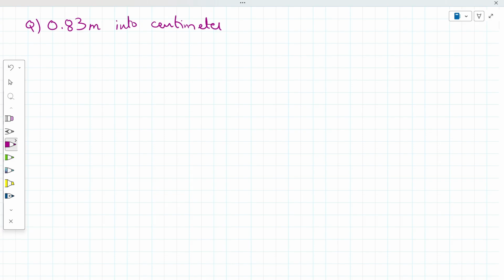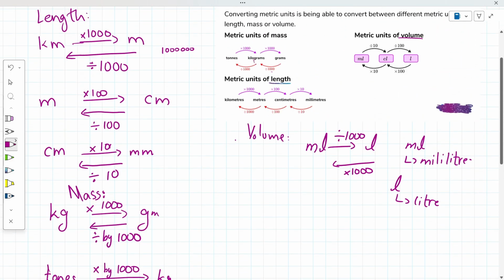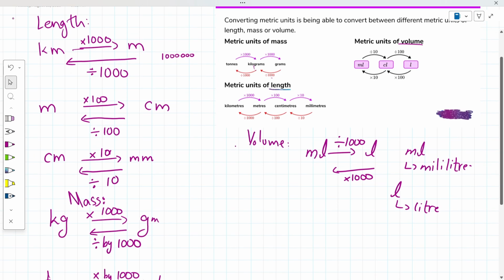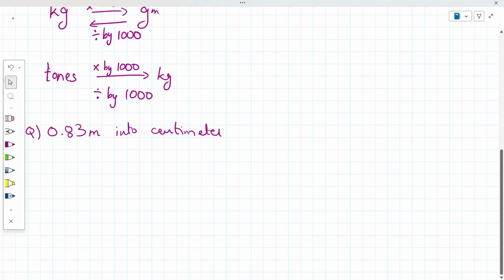This is the greater unit, and we have to go from a greater unit to a smaller unit, so we multiply. 1 meter is equal to 100 centimeters.